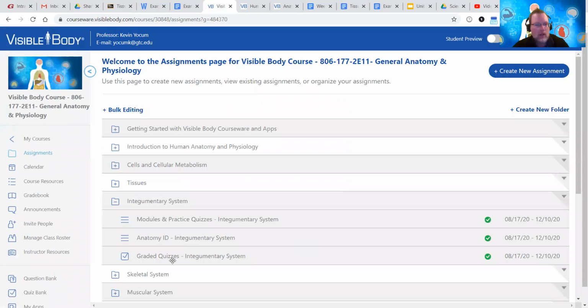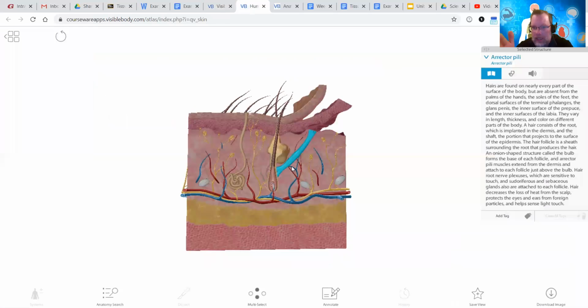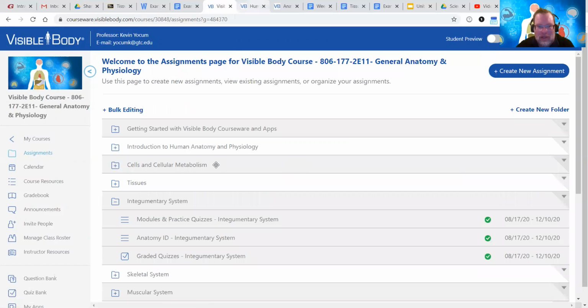When you're taking your graded quiz, especially that dissection quiz, you may want to have this open on a secondary screen or on your tablet or phone, however you do it. Either way, you will probably want to have access to this while you're doing the dissection quiz.